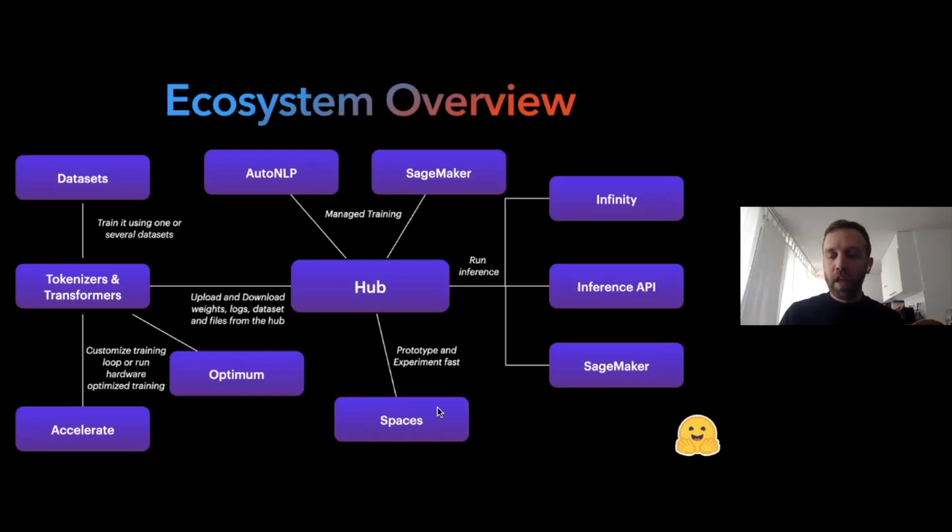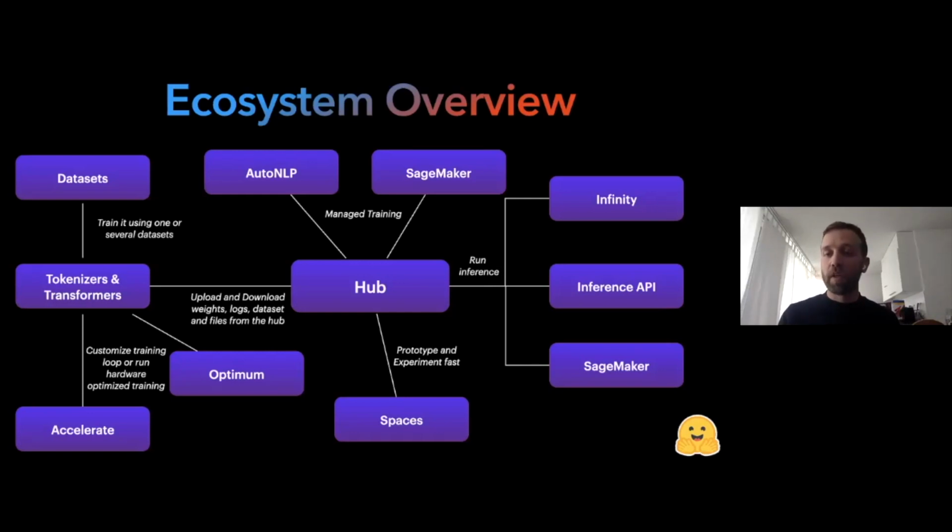And then on the inference side, we have a few things that we've worked on. One is Infinity, which helps you have really fast inference. So if you have high throughput, so you get many requests that you need to classify, Infinity is the thing that you can use on premise.